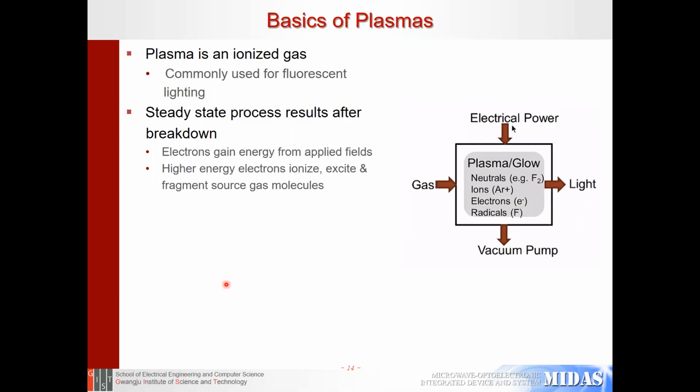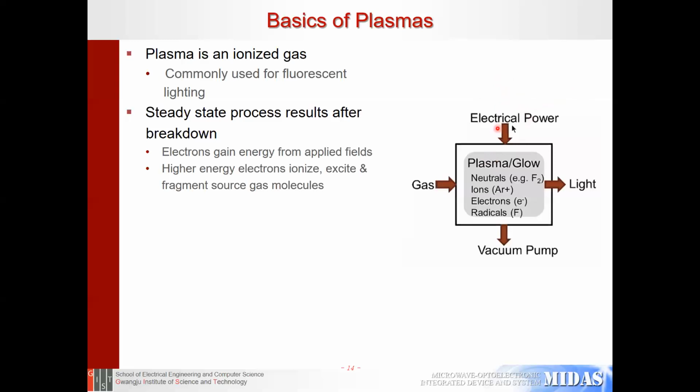So here in the diagram, I have shown the vacuum chamber. In the vacuum chamber, we have an electrical power. We are going to limit our discussion to the RF power, since we can also generate the plasma using DC power, but from the plasma etching point of view, DC power can cause damage to the wafers.